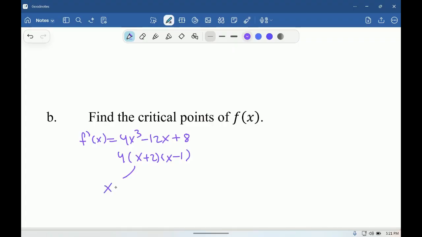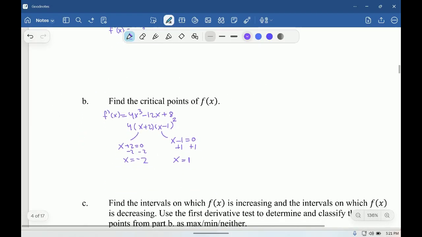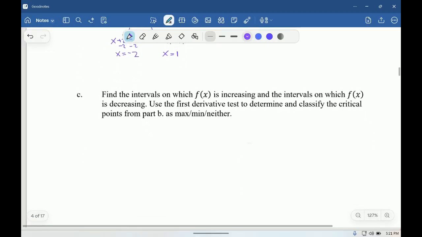We're going to set this equal to 0. This is going to be minus 2, x equals negative 2. Then it's going to be plus 1. This is going to be x equals 1. And I forgot you have to add the squared right there. And these are going to be our critical points.